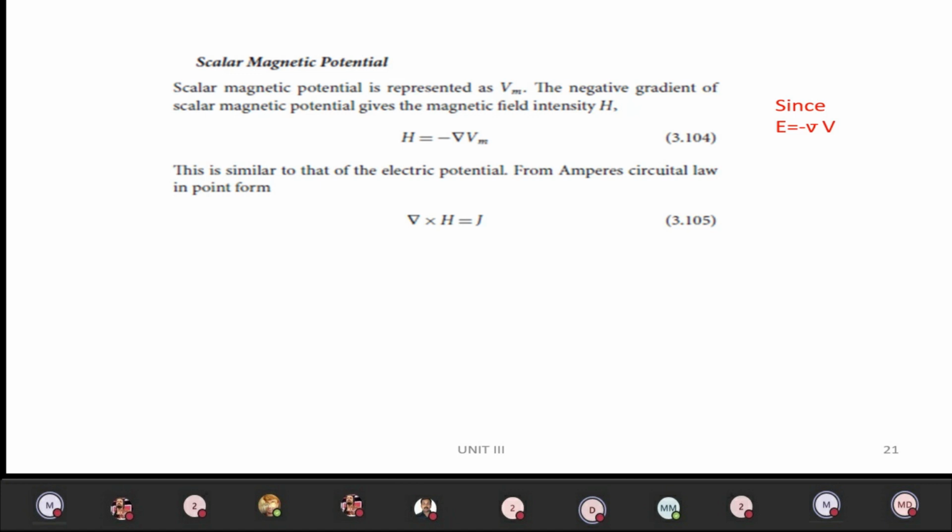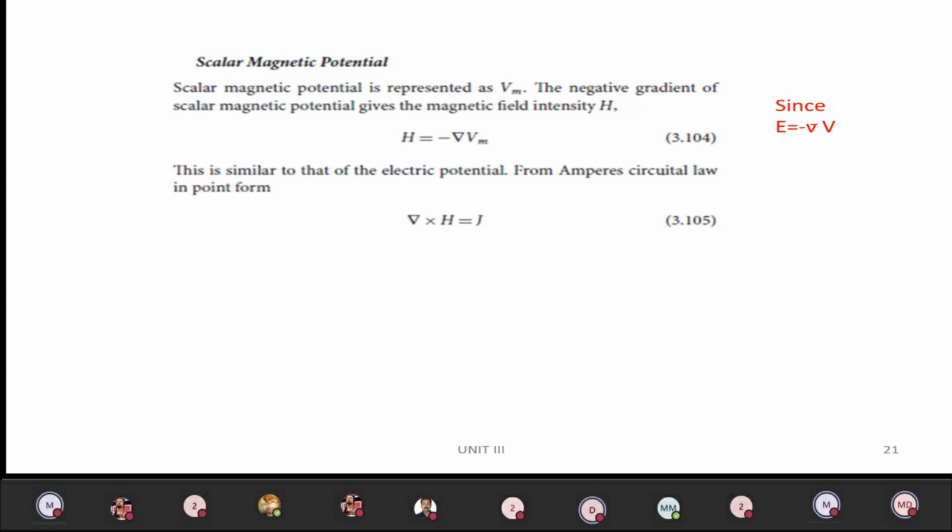In the electric field, we know the relation between electric field and potential: E equal to minus del V. Similarly, in scalar magnetic potential, we have the relation between magnetic field and Vm, where Vm is called the scalar magnetic potential: H equal to minus del Vm, where H is called the magnetic field intensity.